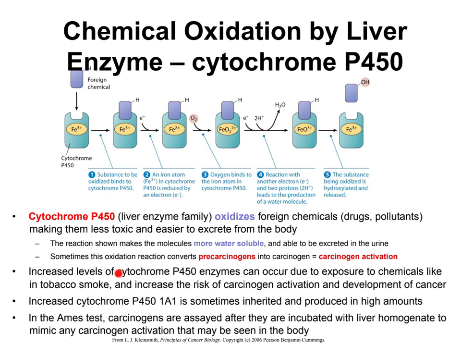Levels of cytochrome P450 have been studied in individuals that have higher exposure to chemicals like tobacco smoke. And if a person is exposed to higher levels of carcinogens, it's actually noted that they have an increased level of cytochrome P450. If you remember in the Ames test, to do that test, the chemicals were incubated with liver extract, which would include this enzyme.